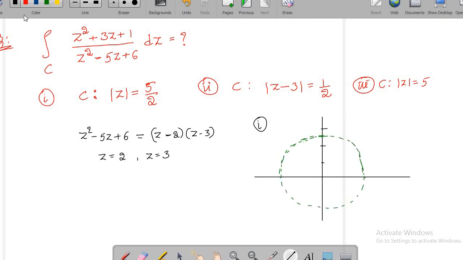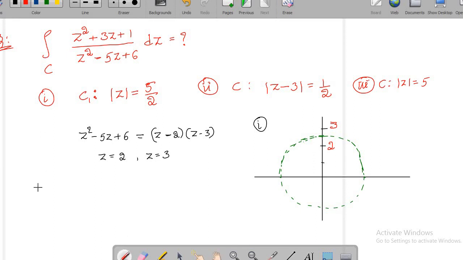This is the circle, and this is the point z equal to 3, and here is the point 2. Now if you look at the first curve, let me call it C1, only one problematic point is coming inside. So we'll keep this in the denominator, and the rest we'll treat as f of z.